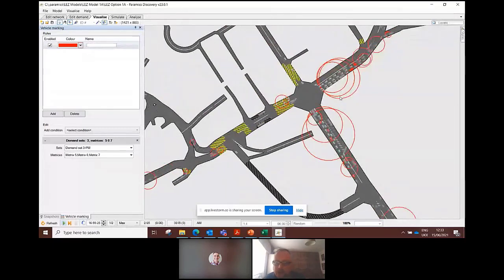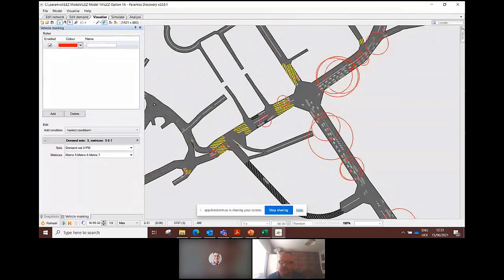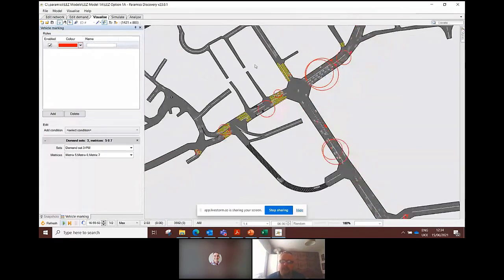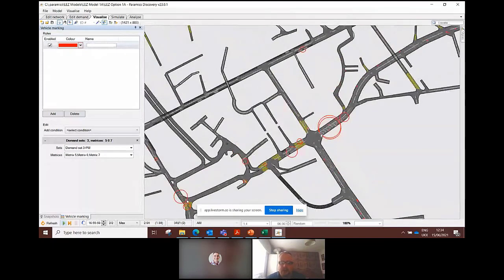I'm not quite sure how this is showing visually, but I think you can get the gist: the non-compliant vehicles don't enter the low emission zone. Like I say, you can change these anywhere. The fantastic thing about Paramics is once you've put these restrictions on, it's the model that dictates and shows you where that non-compliant traffic is going.